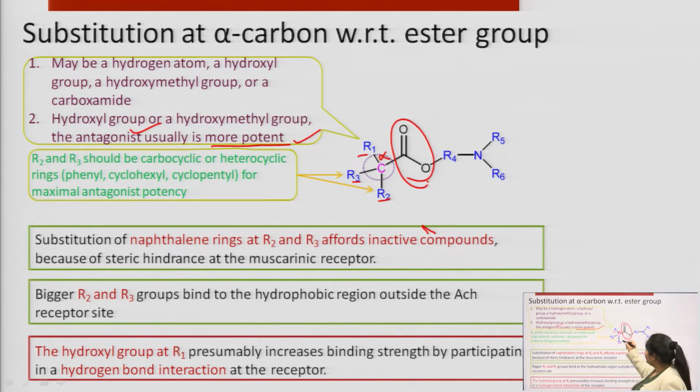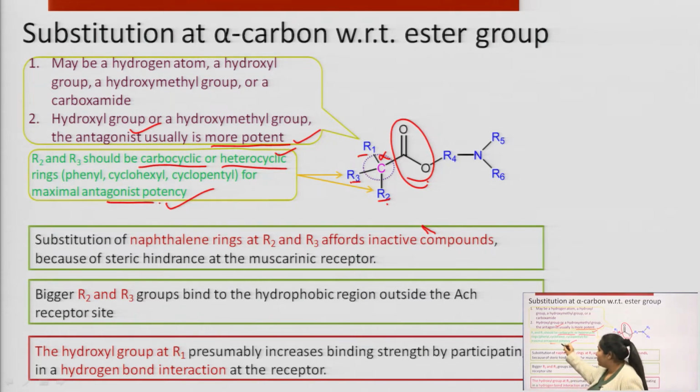In case of R2 or R3, this can be any heterocyclic or carbocyclic ring. Carbocyclic rings like phenyl or cyclohexyl, cyclopentyl, and it can be any heterocyclic ring like nitrogen or sulfur containing groups. For the maximum antagonist property, that will also lead to antagonist property.